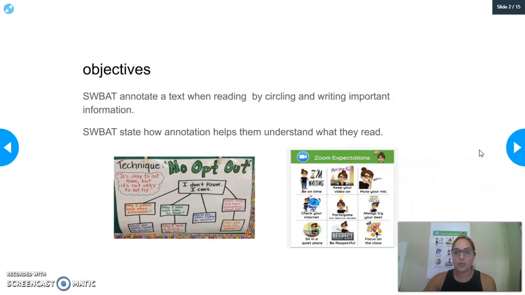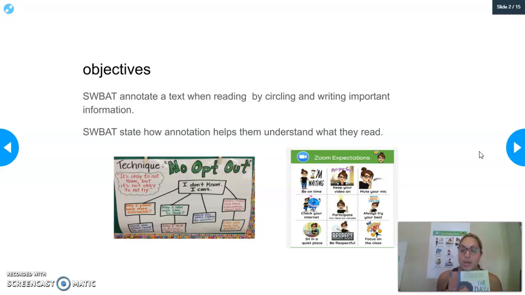So today, guys, we are going to be reading a new book and we're going to be annotating today. Annotating is a way that helps us underline and circle the key words in a story, and it helps us understand, because sometimes if you just read the story and you don't write anything down, it doesn't really help us understand what is important, and we really don't understand the gist.